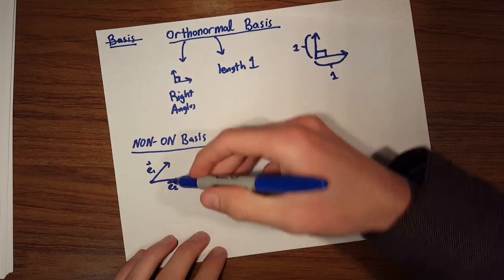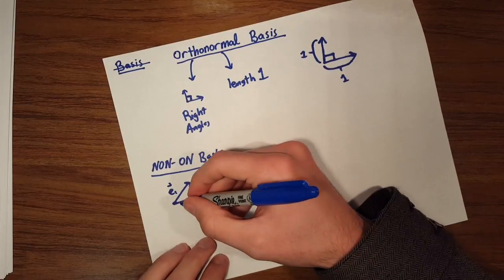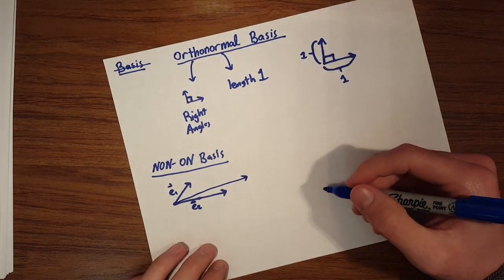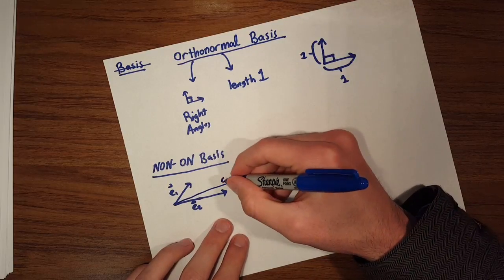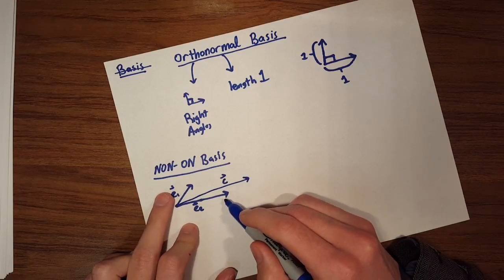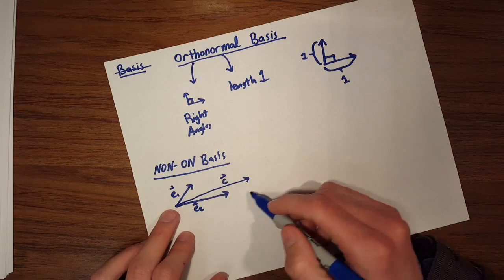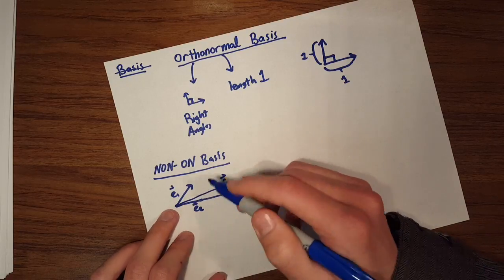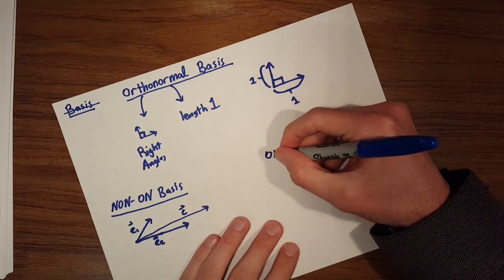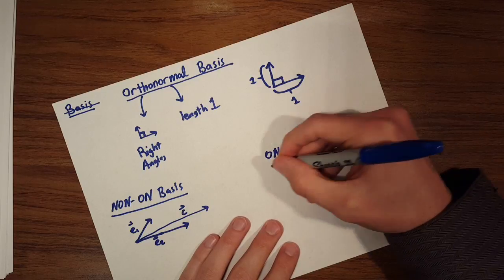And that may not be useful because it introduces a redundancy in your description. Because let's say I have a vector like this. This is my C vector. Well, I'd have to write it as a combination of E2 and E1. But I'm getting a little bit of the horizontal component from both E2 and E1, so there's a bit of redundancy in my description. What would be nice is if I had a set of features where there was no redundancy.